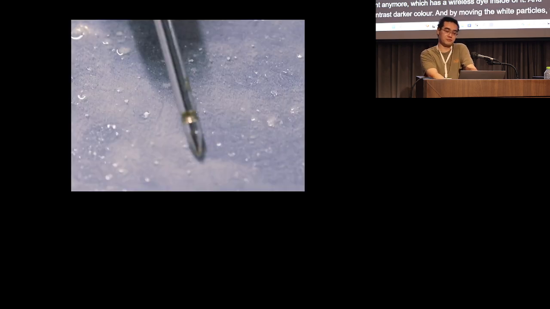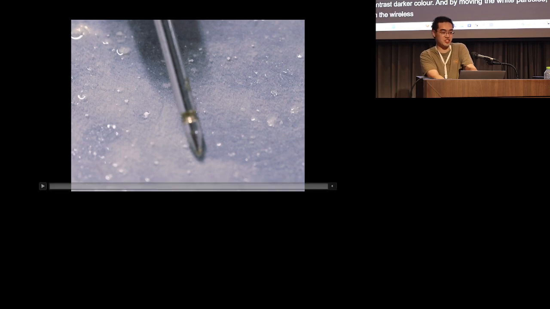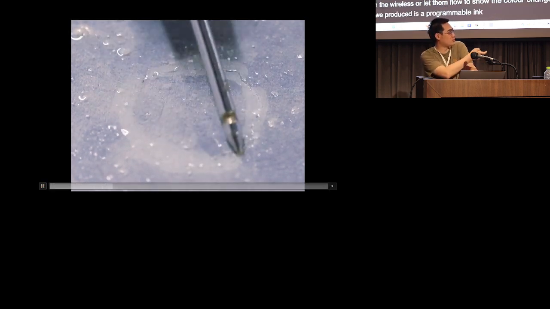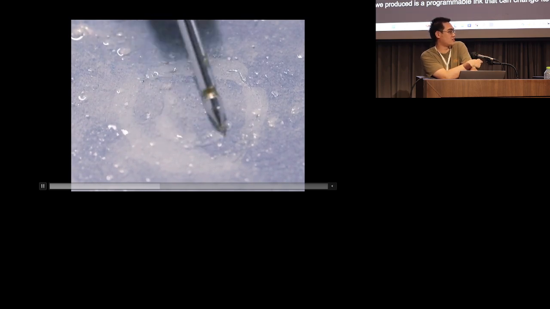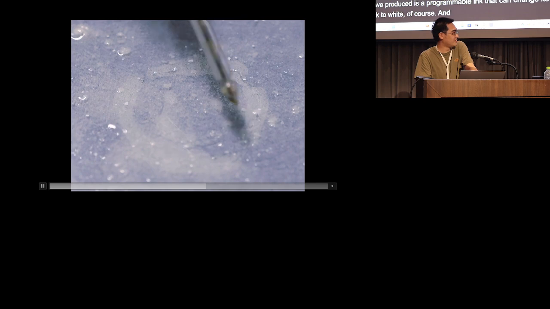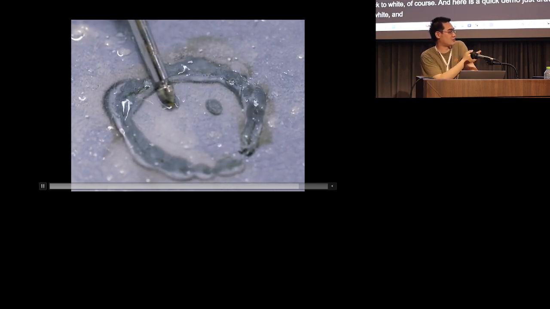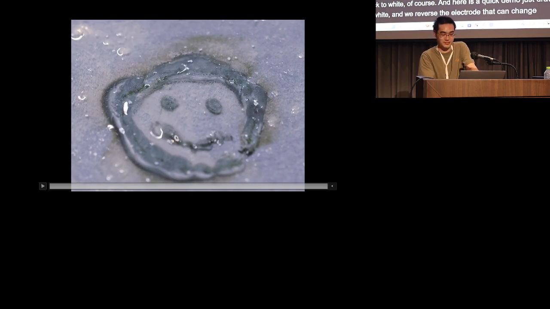The result we produced is a programmable ink that can change its color from black to white, of course. And here is a quick demo, just drawing from neutral to white. When you reverse the electrode, it's going to change color. And that's the reverse. Yeah, the temperature is quite high when we do it.